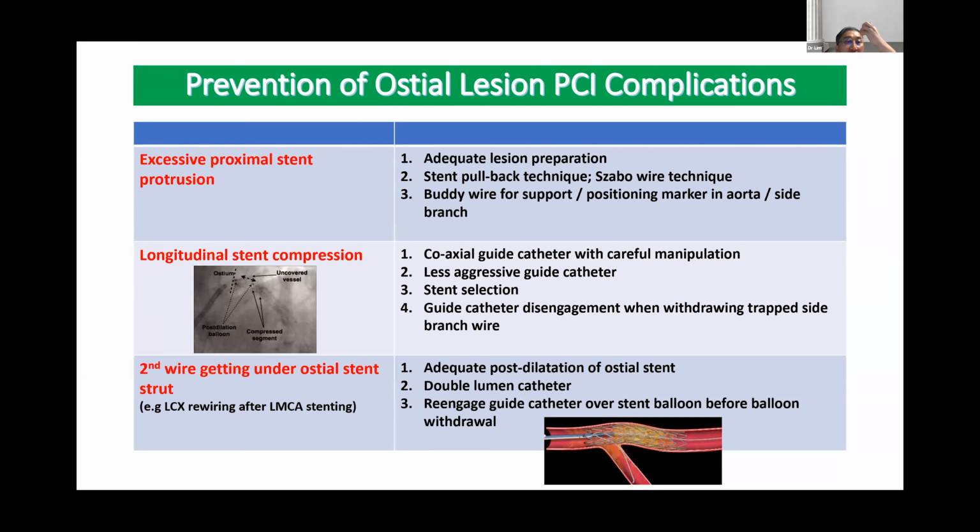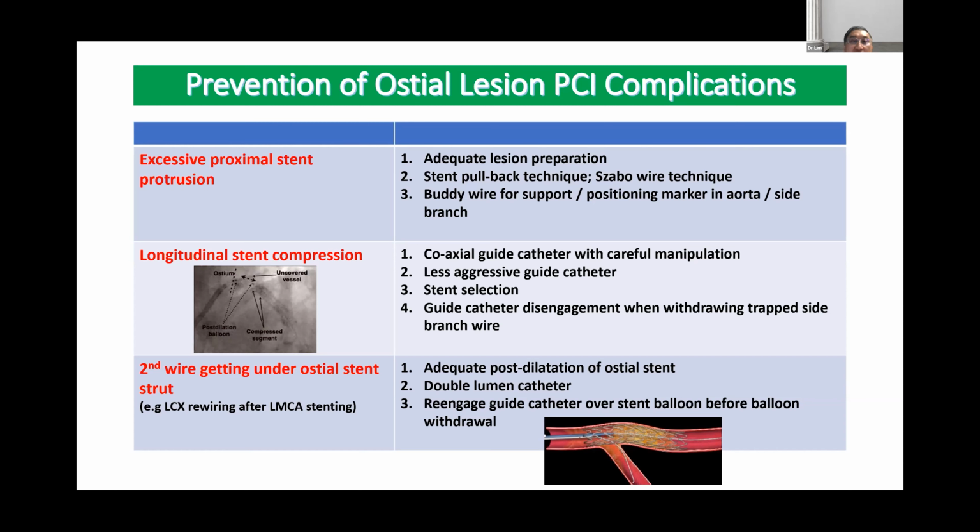And then to prevent the second wire getting under ostial stent strut, for example, we have placed a stent in the left main up to the ostial left main, and we need to rewire the circumflex artery.